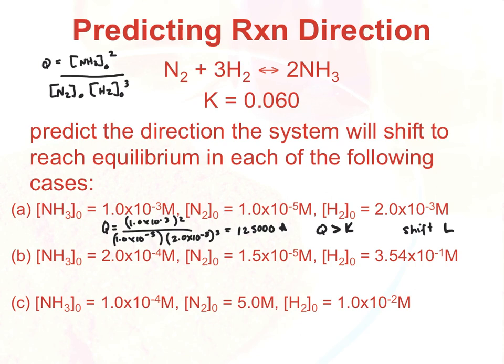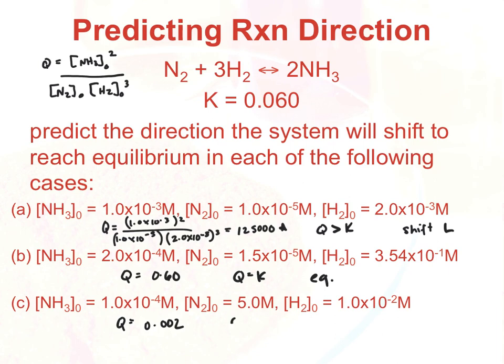If we look at the Q values for these other two problems, for B, our Q value, if we plug in those initial concentrations, is 0.60. In that case, Q is equal to K, so we're at equilibrium, so there's no need for a shift. In the case of C, we're going to get 0.002 as our Q value.